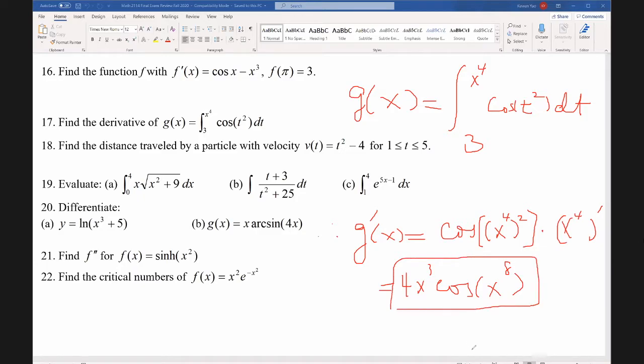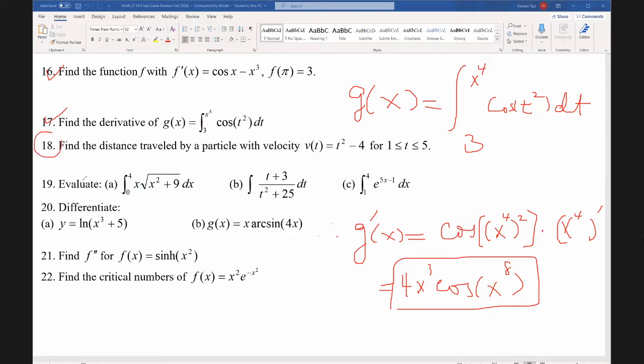You got to circle, got to box. Okay, so the answer is 4x cubed cosine x to the power 8, by using the fundamental theorem of calculus part 1, right? Part 1. So we have finished 2 problems, right? 16 and 17.